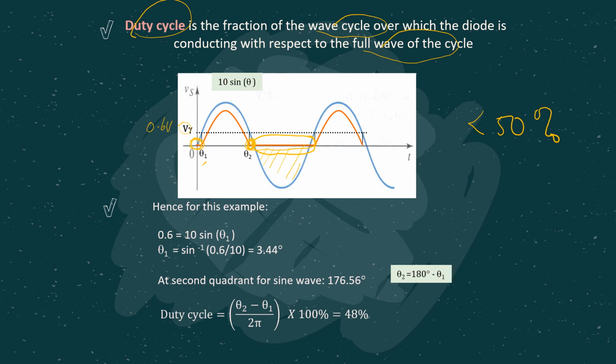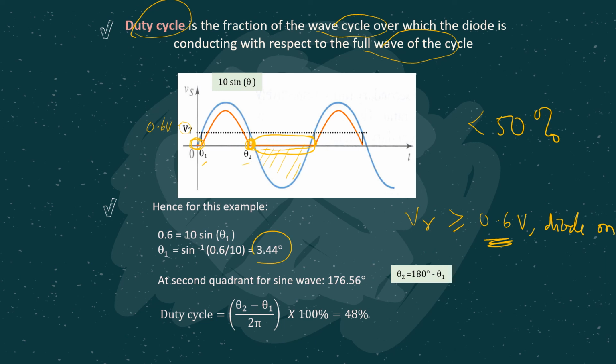Remember, the voltage should be larger than or equal to 0.6, then only the diode will be on. So the starting point when the diode starts to conduct is at 0.6, so we have 0.6 equals 10 sine omega t. Omega t refers to theta 1, the one we are looking at here. If you rearrange this equation, you get theta 1 equals 3.44 degrees.